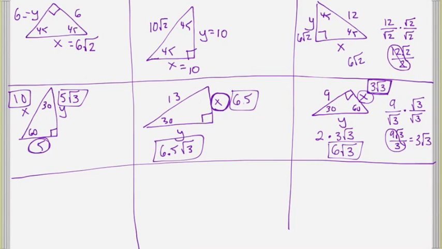Would you add them? Add what? The 2 and 3 square root. You can't, actually. There's no way to combine them with addition. Questions on the 30, 60, 90 pattern? All right, 3 more examples where we're given a little bit more than just a triangle.